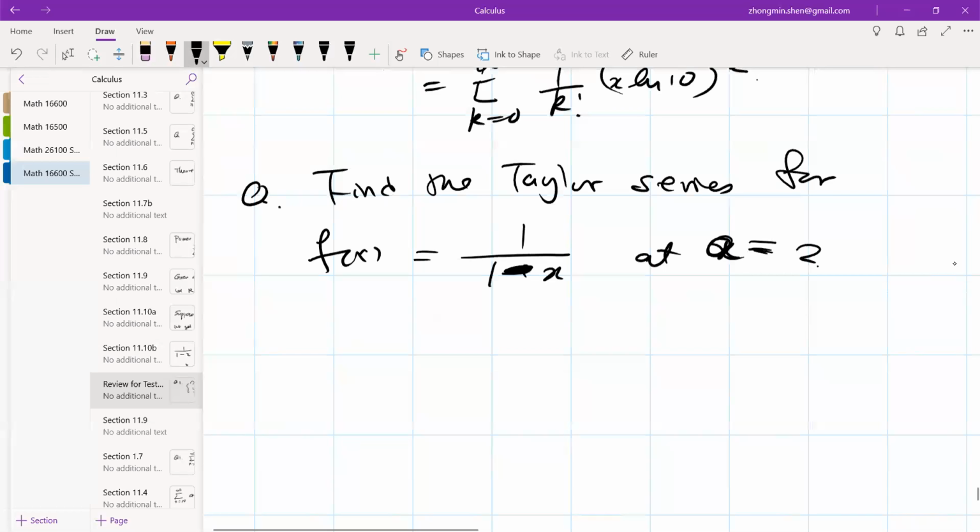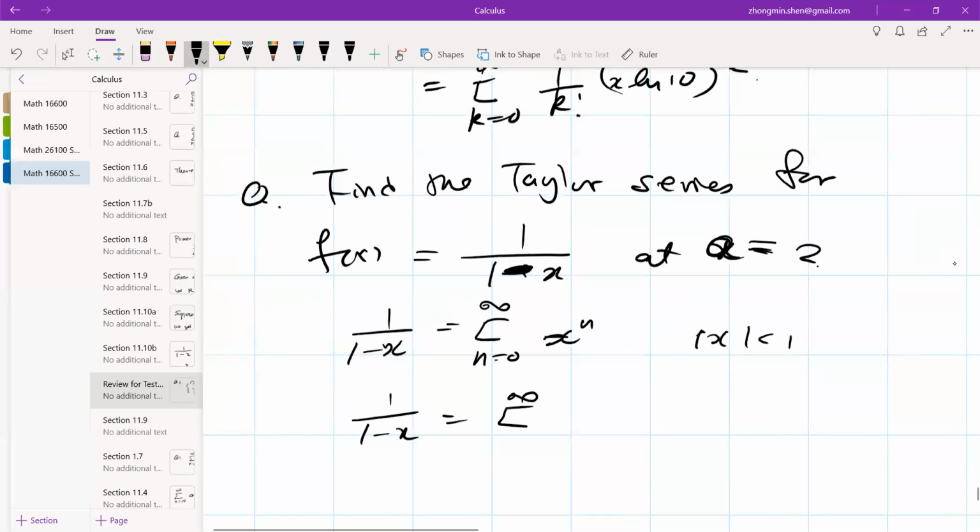Okay. First of all, we recall the formula, right? This is the Taylor series at the origin, and this holds for absolute value of x less than 1. Don't be misled.